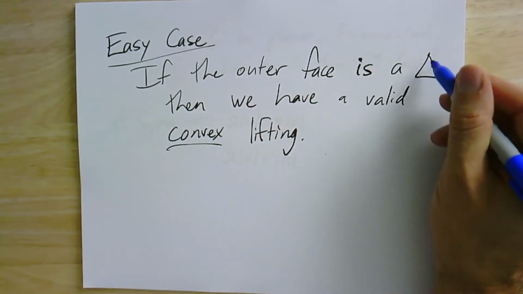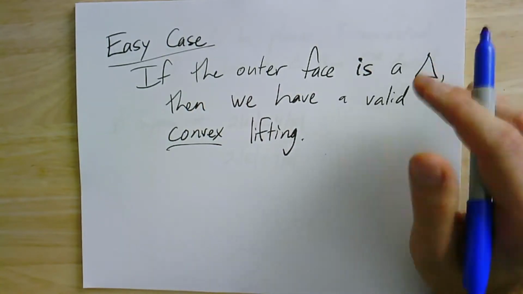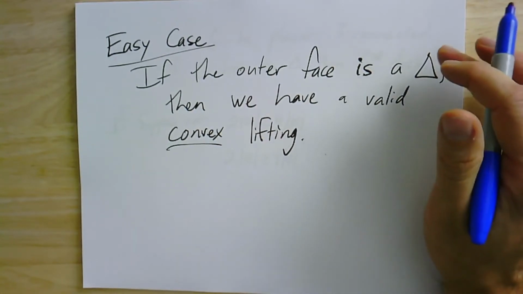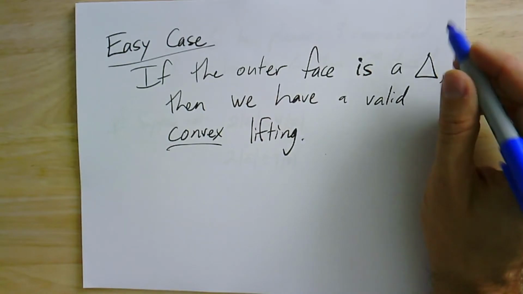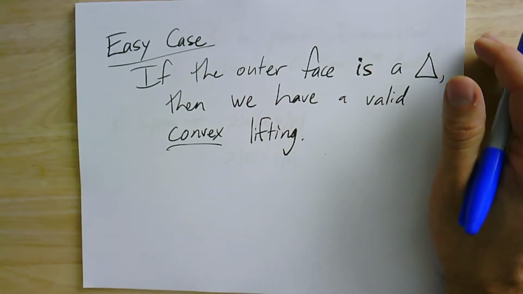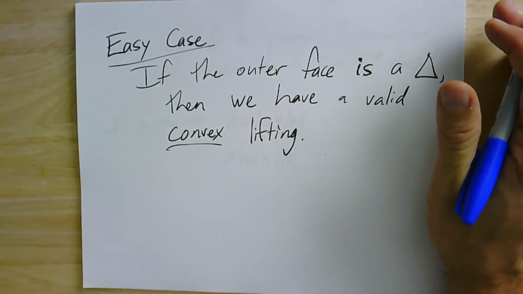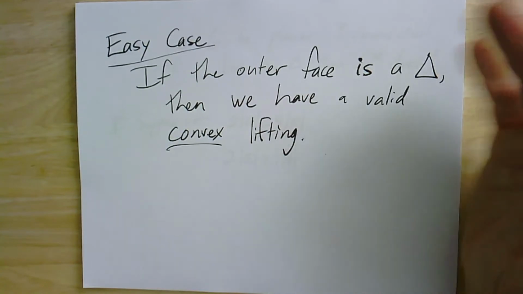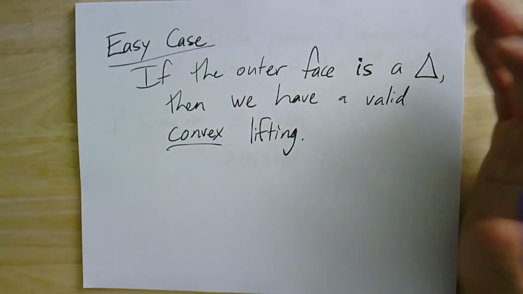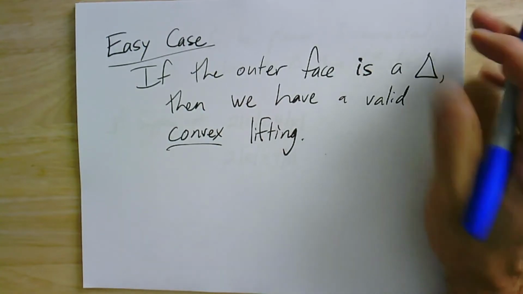We can never lift up a triangle in a way that makes it not flat, because any 3 points in R3, there's a plane that passes through them. So in that one special case where the outer face is a triangle, everything works, and we just run the algorithm exactly as we did, ignoring the equilibrium stress on the outer face, and it turns out we'll still get a valid lifting, and it will be a nice convex lifting.